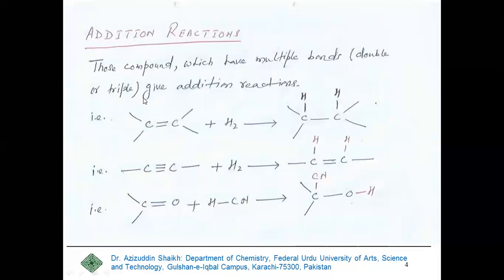So usually we say unsaturated compounds refer to alkene and alkyne. The carbonyl compounds are not called unsaturated compounds. But alkene, with a carbon-carbon double bond, and alkyne, with a carbon-carbon triple bond, are called unsaturated compounds.